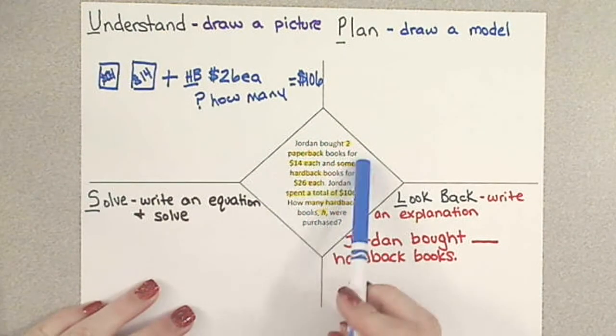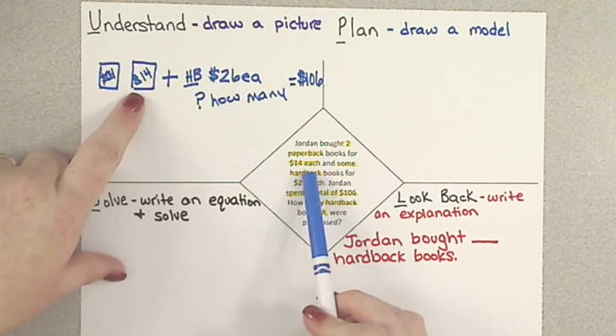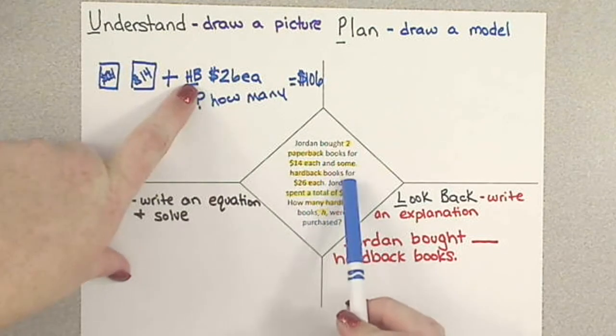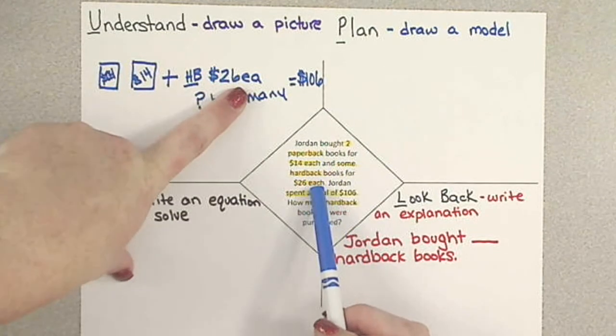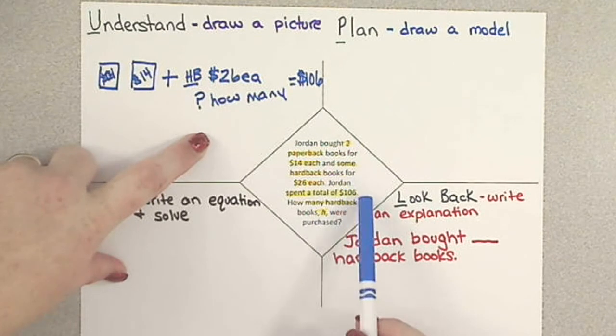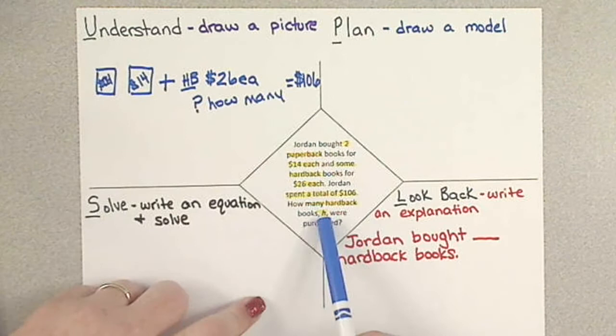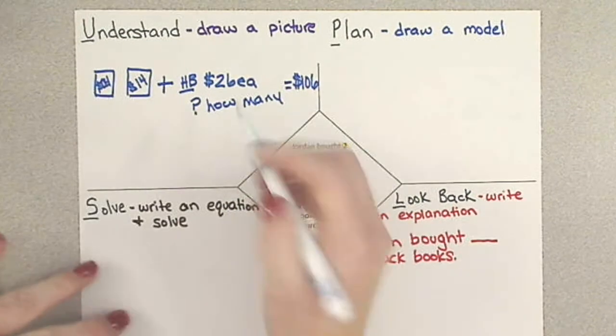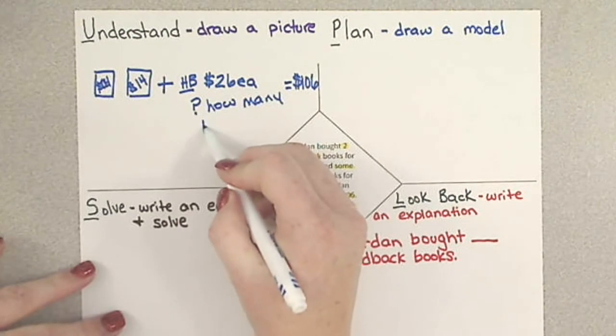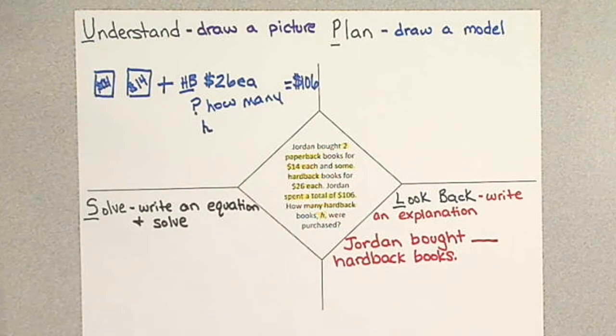Jordan bought 2 paperback books for $14 each and some hardback books for $26 each. Jordan spent a total of $106. How many hardback books, H, were purchased? Okay. I understand what's going on in the problem now.